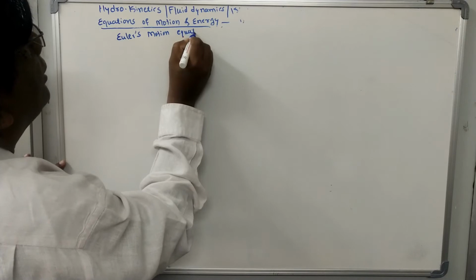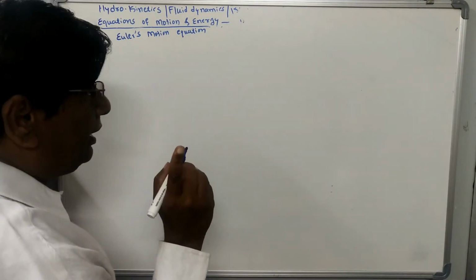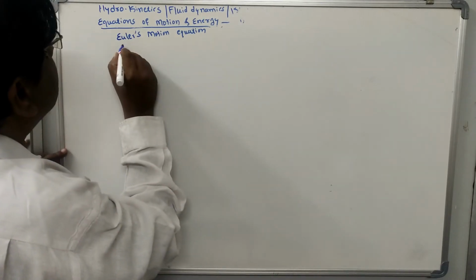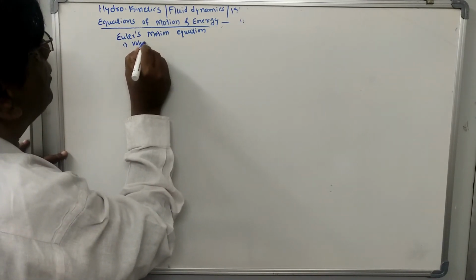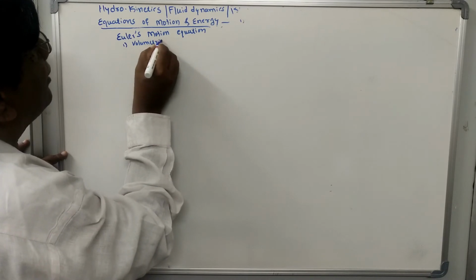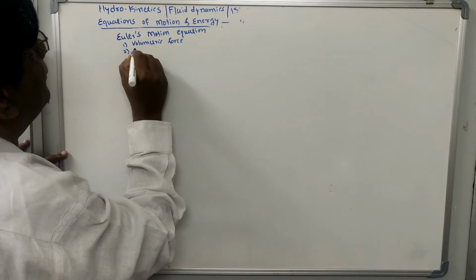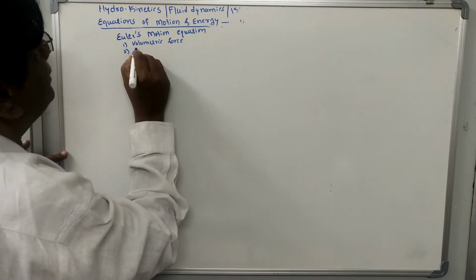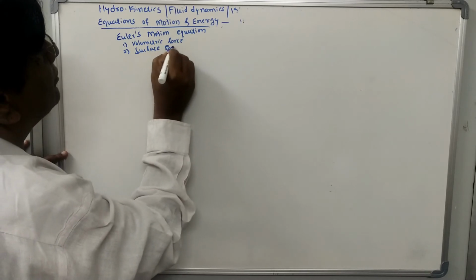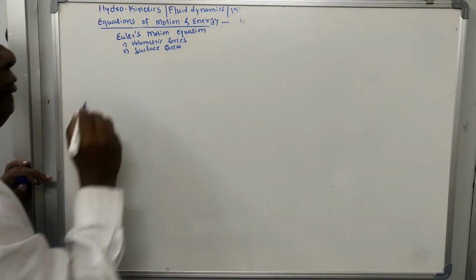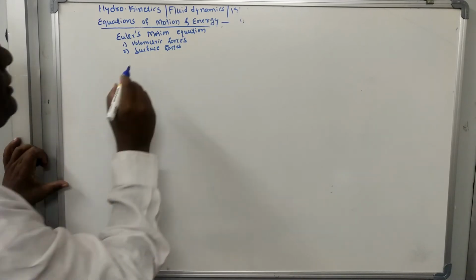To derive the Euler's motion equation, we consider only two external forces, that is volumetric force and pressure force or surface force.